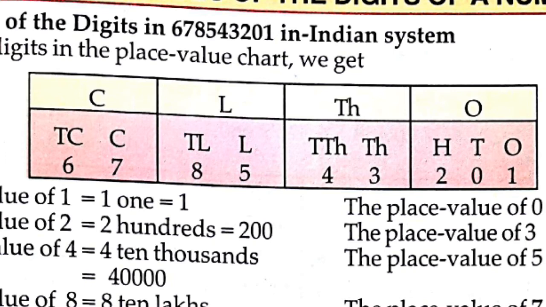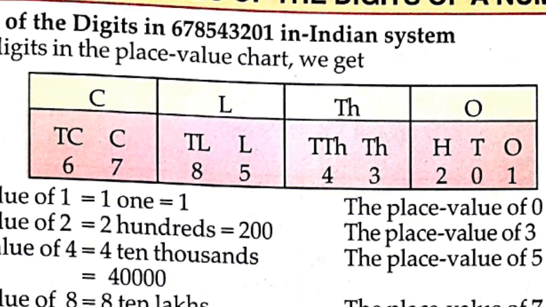The next column, the 10,000s place, the number is 4, so the place value of 4 is 4 into 10,000 equal to 40,000. Now see the lakhs column, the number is 5, the place value of 5 is 5 into 1 lakh equal to 5 lakh.